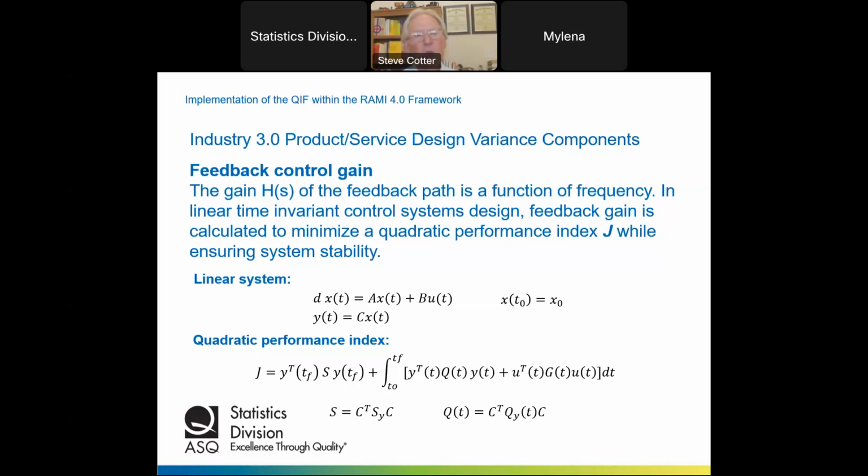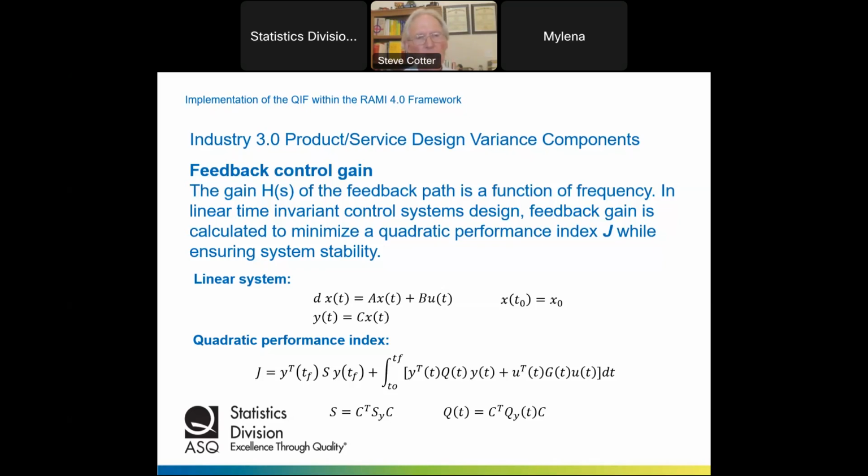And for those of you who recognize that from matrix algebra, that's your quadratic term, plus the integral from t0 to tf of y transpose Q(t) y(t), another quadratic term, plus the u transpose input gain u of the transformation.